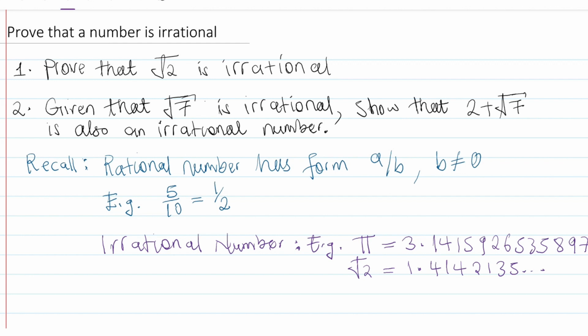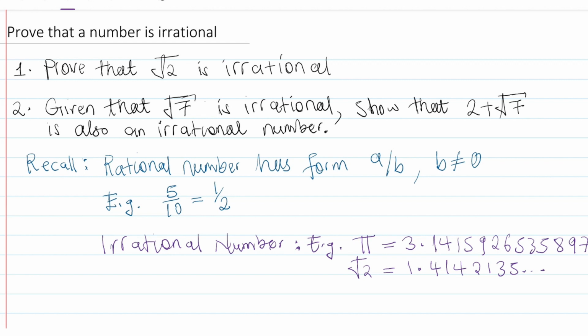is also an irrational number. Now, first of all, I want you to remember that a number is rational if it can be written in the form of a over b, where a and b do not have a common factor and b is not equal to 0.